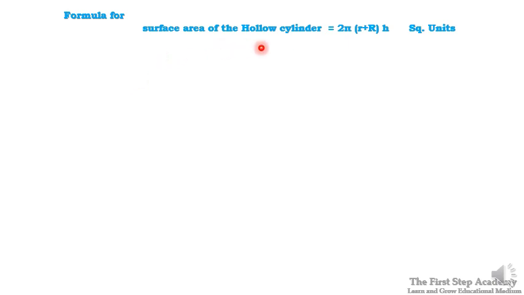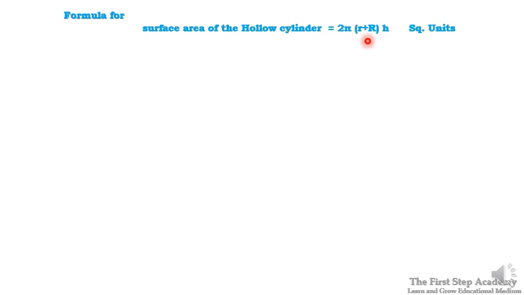The formula for the surface area of the hollow cylinder is 2 pi into (small r plus capital R) into h, where small r is the internal radius, capital R is the external radius and h is the height of the tunnel. From the question we know small r, the internal radius, given directly, and the height also we can take from the question itself, but capital R we need to find.